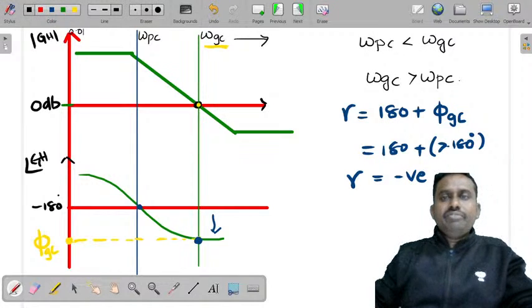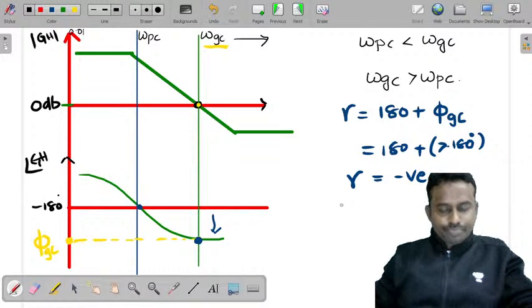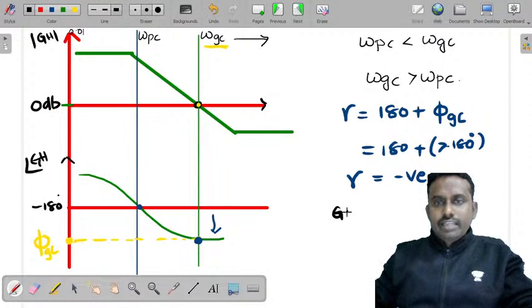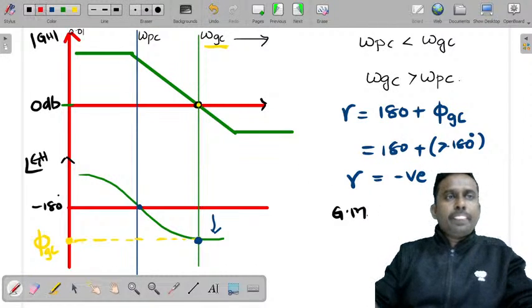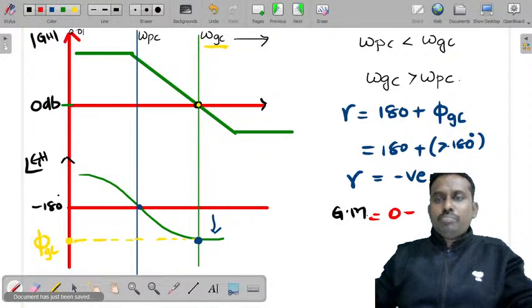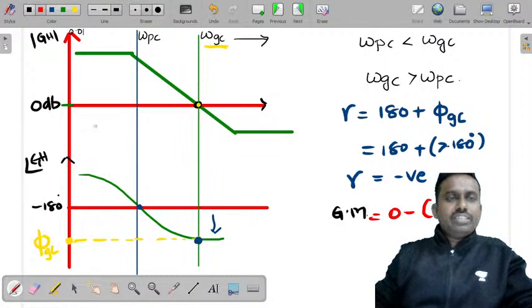Now let us consider the gain margin. Gain margin is equal to 0 minus plus or minus y, the magnitude at phase crossover frequency. This is the phase crossover frequency.